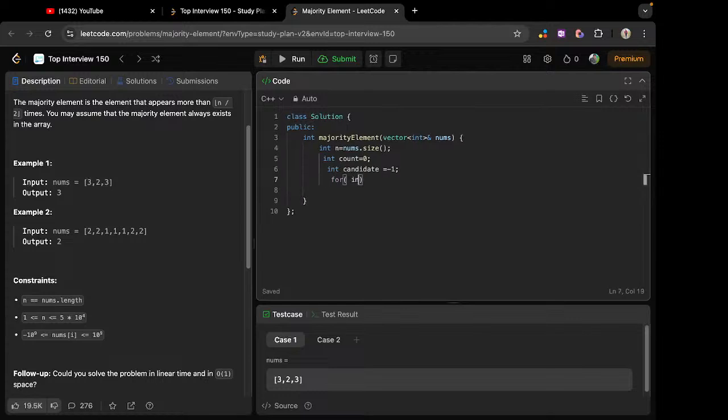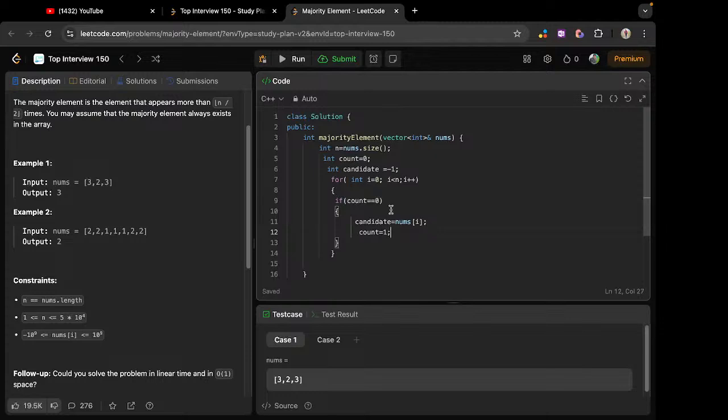For int i equal to 0, i less than n, i plus plus, and if the count equals 0, then we have to assign a new candidate equal to nums[i], and count will be equal to 1.